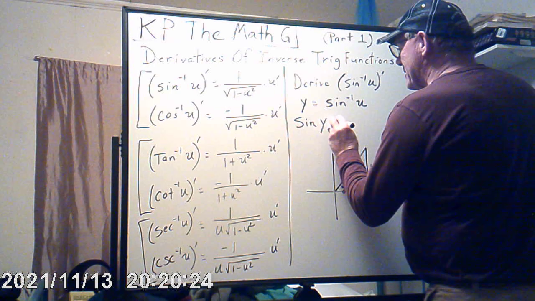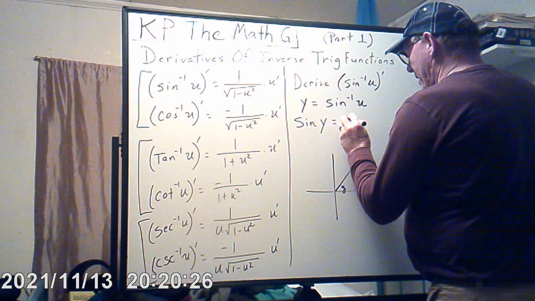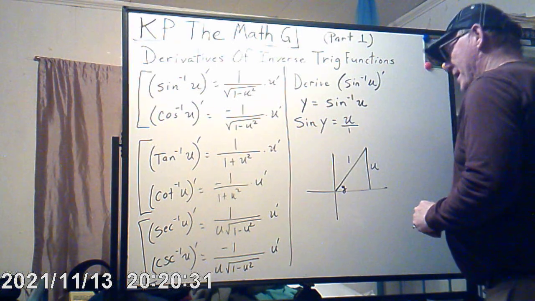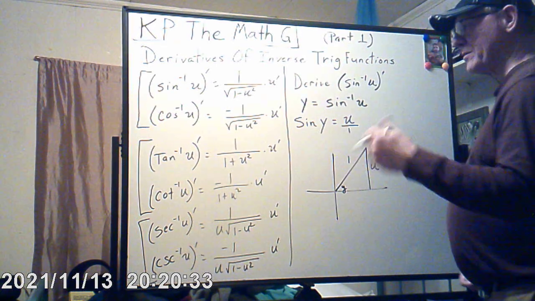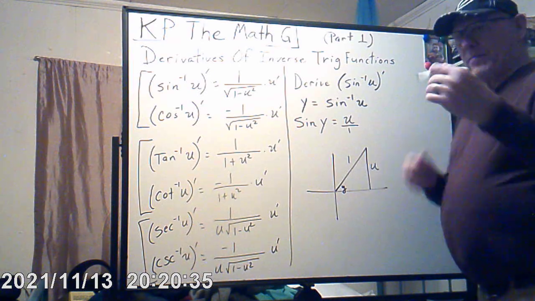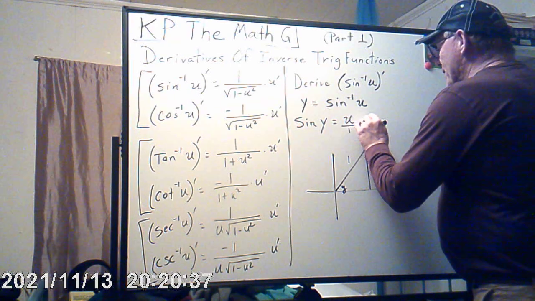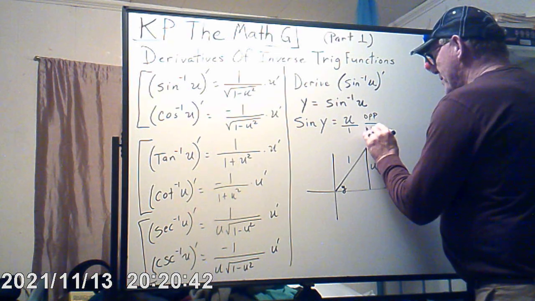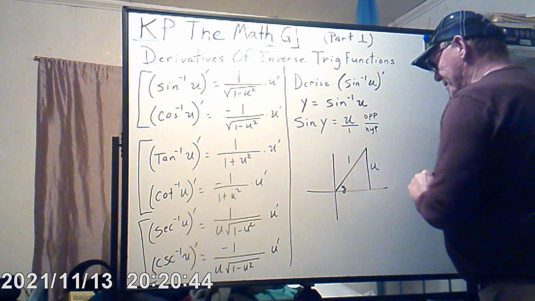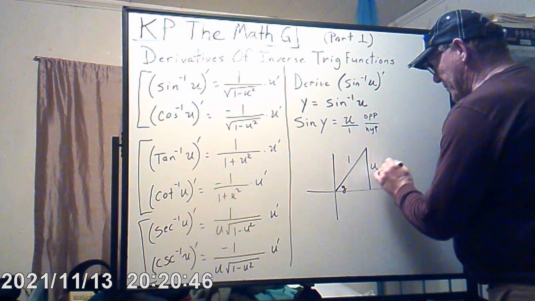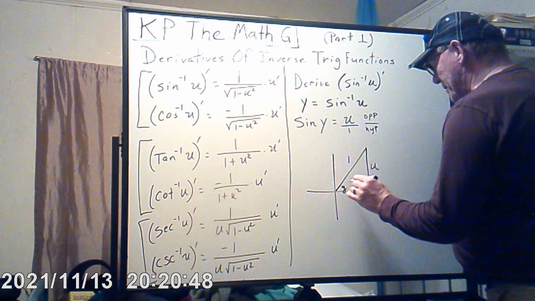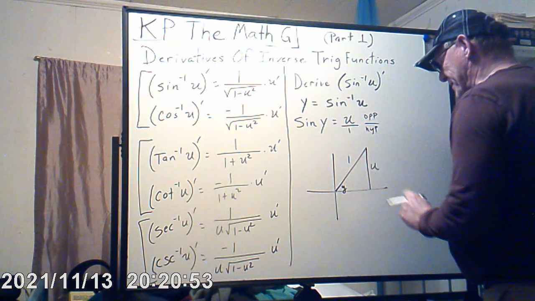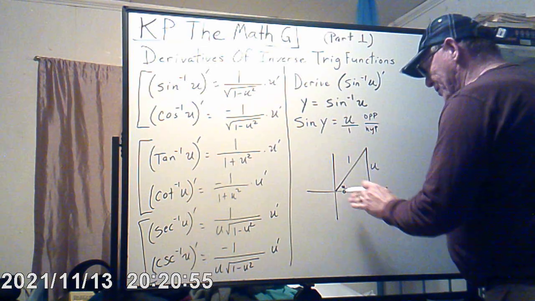Equivalently, we could say sine of y is equal to u, and actually if you look at it, it is u over 1. In pre-calculus, we know that that is opposite over the hypotenuse. And so over here, opposite of y is u, and then the hypotenuse here is 1. And that's really the best way to set it up.